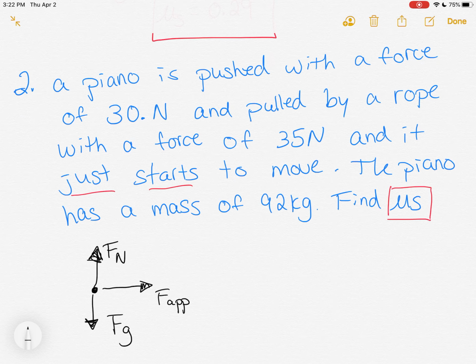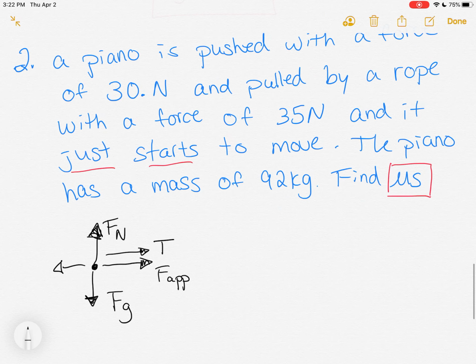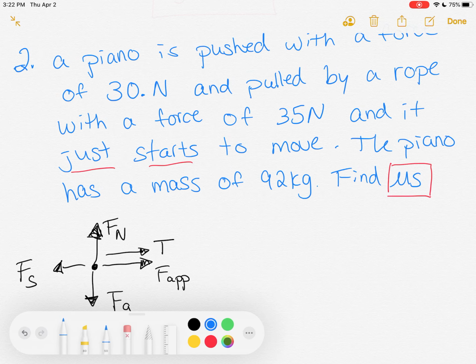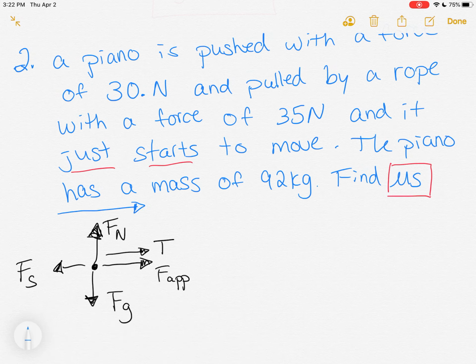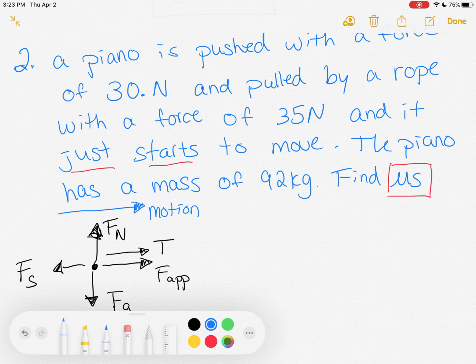It's being pushed with an applied force and pulled with an applied force. The pulled by the rope is going to be my tension. The pushing of the 30 newtons is my F applied. And then I know static friction must be what's keeping it in place. So then my motion, I've decided, is going to be to the right. You could choose whatever direction you want, as long as your T and your F applied are going to go in the same direction as the motion.